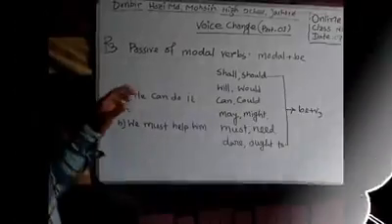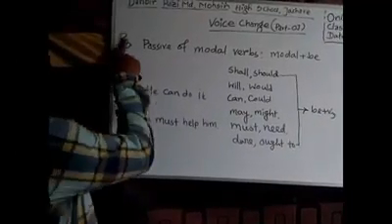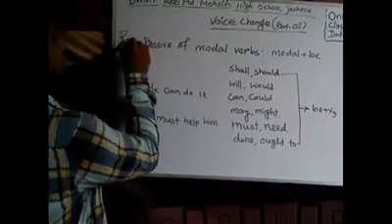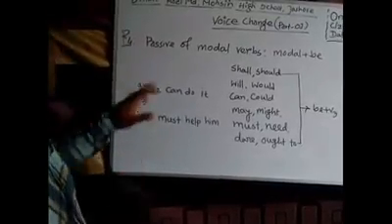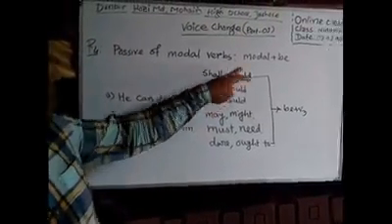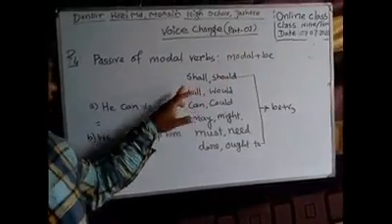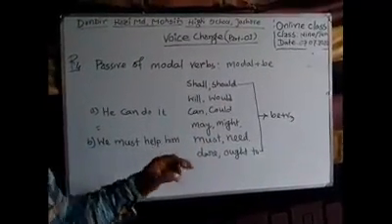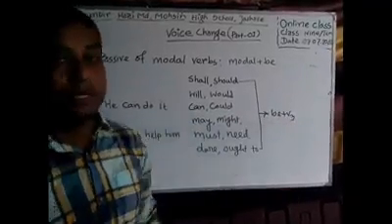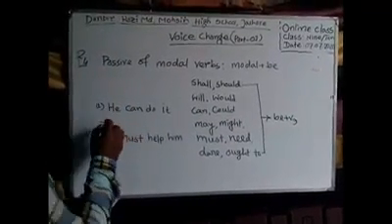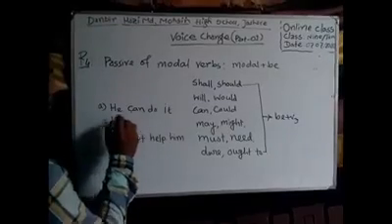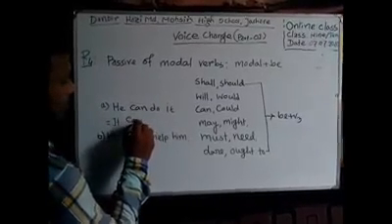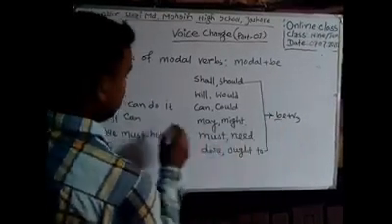I am going to rule number 4: passive of modal verbs. Modal plus be. So these are the modal verbs, and when there is a modal verb in the sentence, we have to use be and then V3. The example is here: it, modal verb can, and we use be.